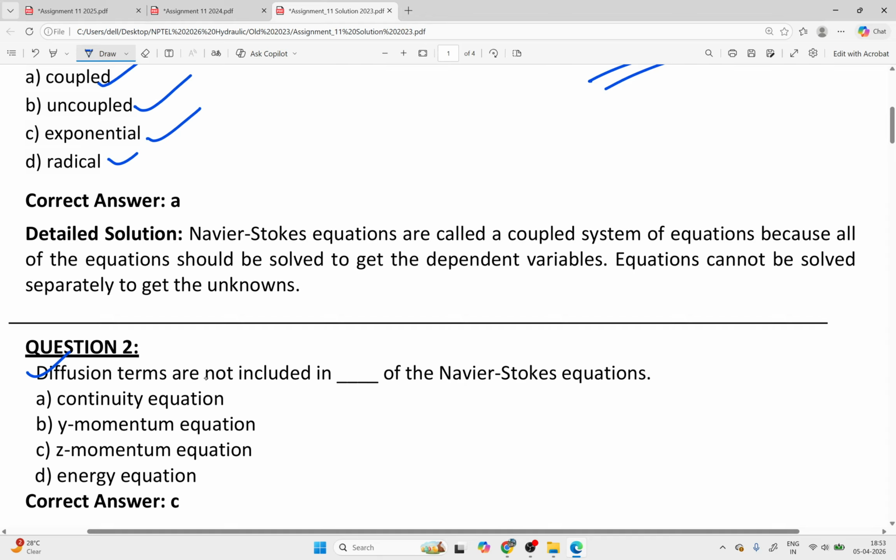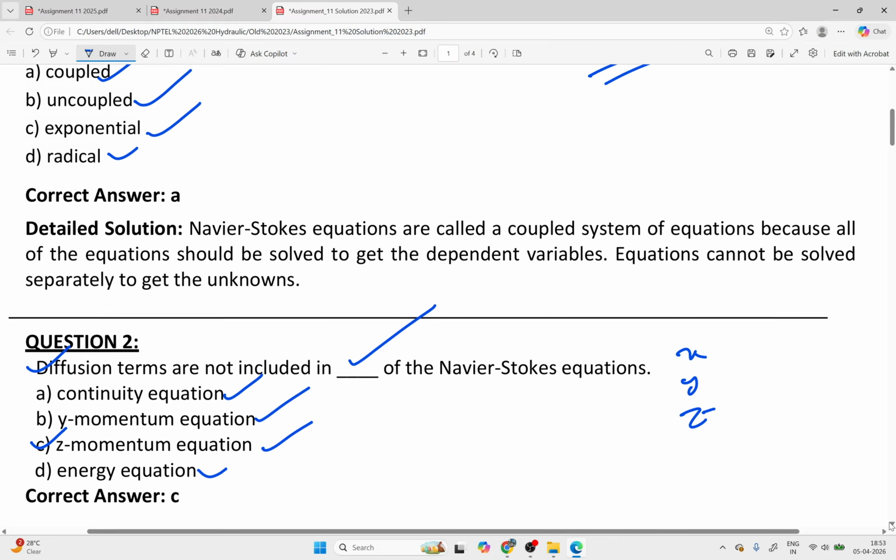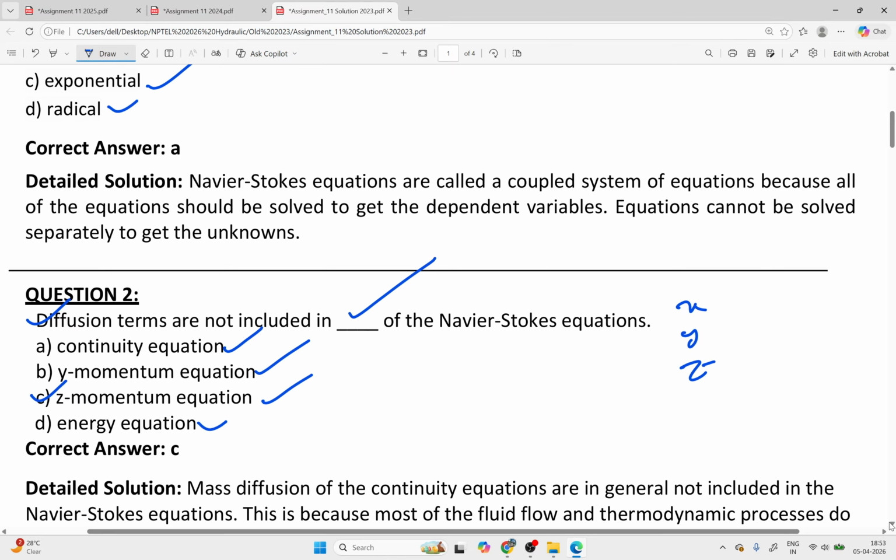Diffusion terms are not included in the continuity equation, y momentum equation, z momentum equation, or energy equation. So it is the continuity equation.